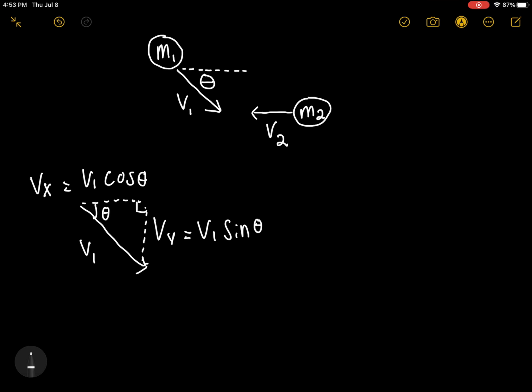Now let's do the momentum in the x direction. The momentum in the x direction is going to be the mass of the first truck times the velocity of the first truck times that cosine theta, because we are focusing on the x coordinate, minus m2 v2, and I specifically put a minus sign there because it is going to the left, not to the right, so therefore it gets a minus sign.